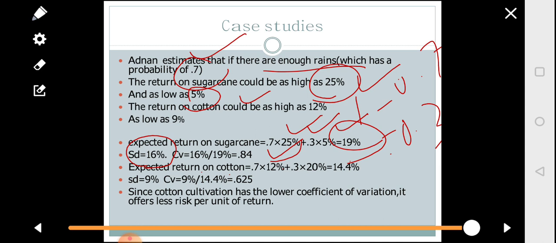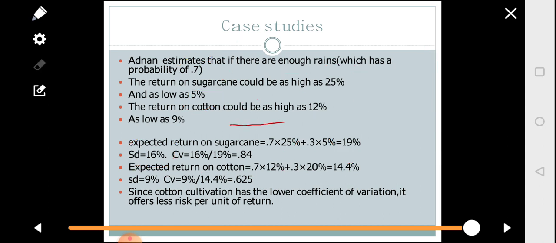Return on cotton would be as high as 12% if there is high rainfall, and as low as 9% if there is not enough rainfall, or there will be low rainfall.